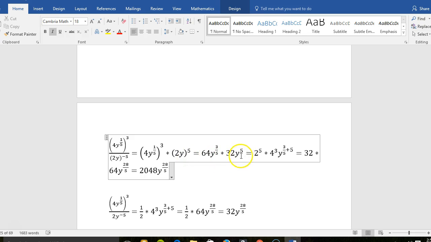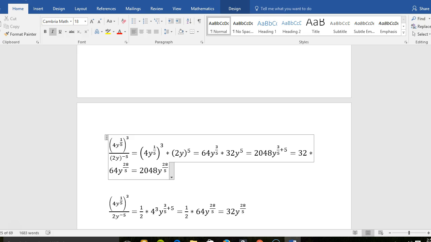So now you've got 64 times 32. Now, guys, let's get rid of this. 64 times 32, just put it in your calculator. You will get, let's see, 1024, 2048. Memorizing my powers of 2 there.